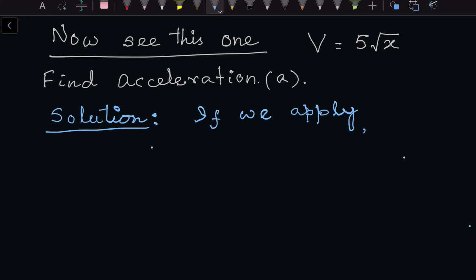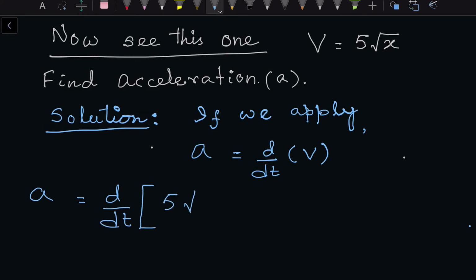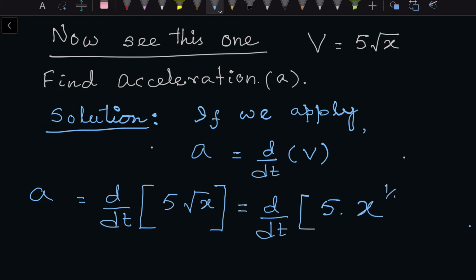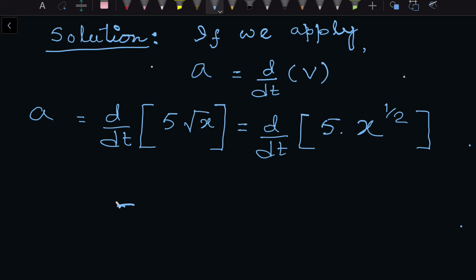So if we apply d by dt of v equals acceleration a, then we can do this following this. a equals d by dt of v, and v is 5 root x. So d by dt of 5 into x to the power half. Root x means 5 comes out. Then half x to the power half minus 1, that is minus half.